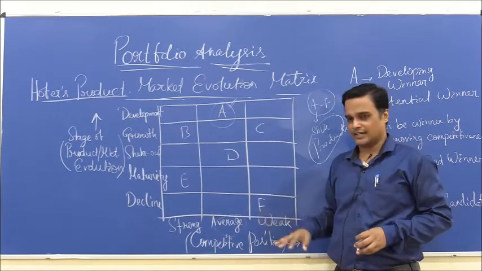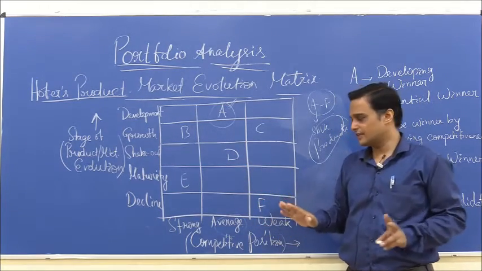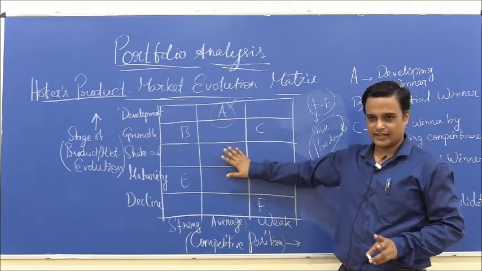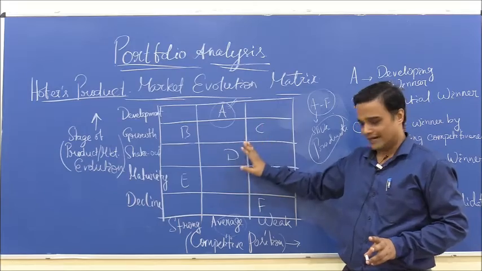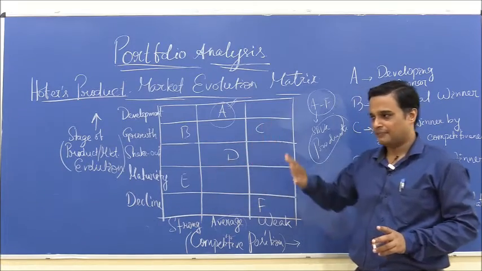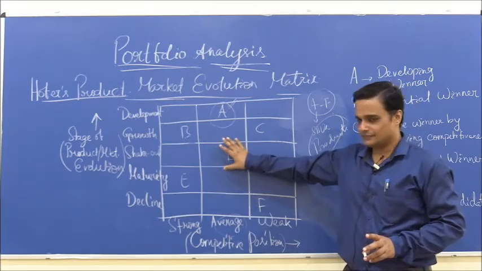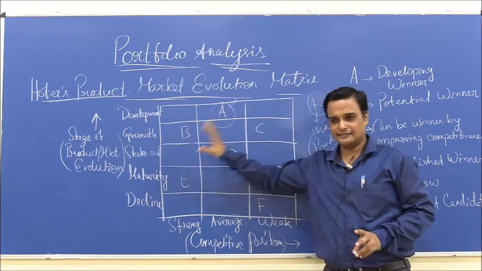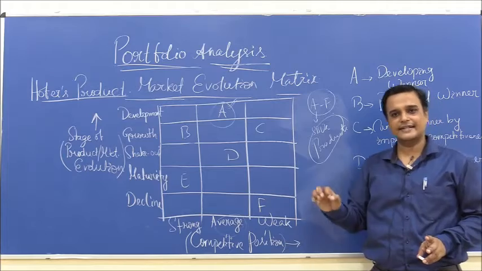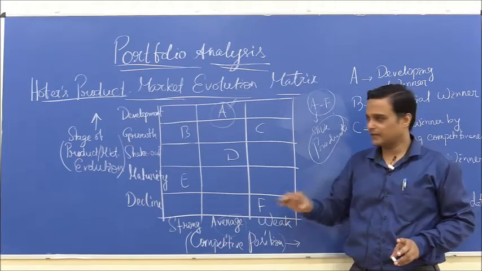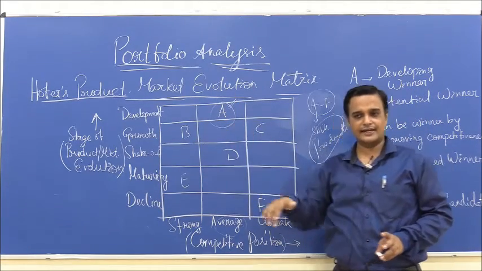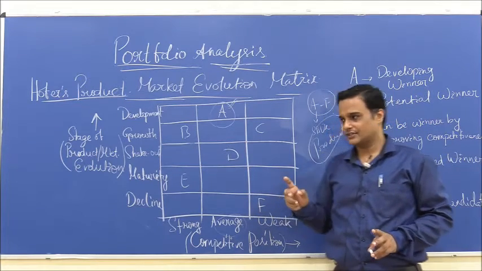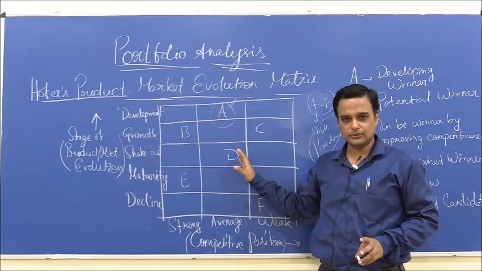In this shakeout stage, we have taken for our consideration, in this cell, there is an SBU D or a brand D or a product category D. Your company has this brand which is operating in a market where competition has intensified with respect to the previous stages. Right now, the competition has intensified. In that case, what is the company going to do?